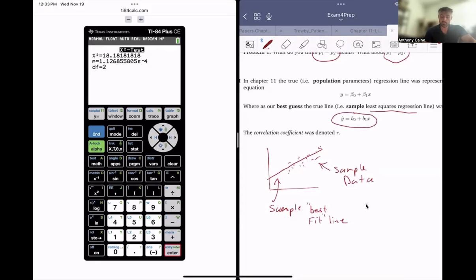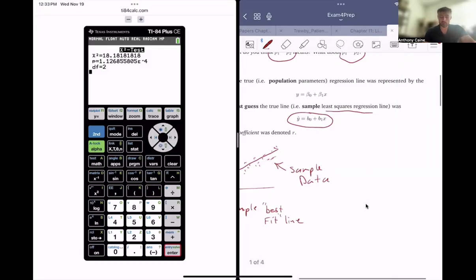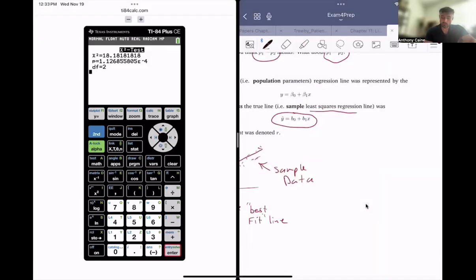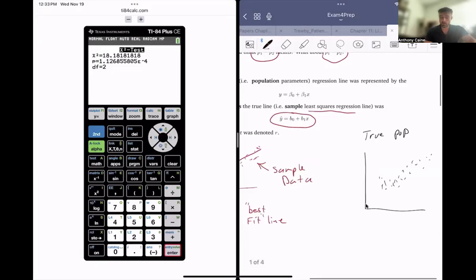Now, this is just your sample and the data. The actual population, this is what we don't know, but maybe the true population looks like this. It has a slightly different kind of line.